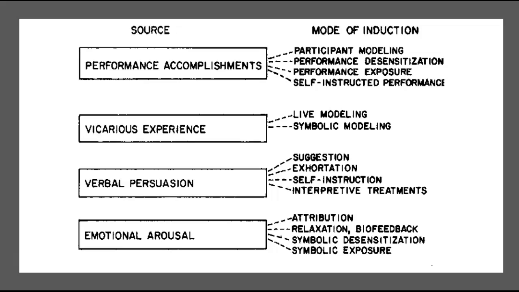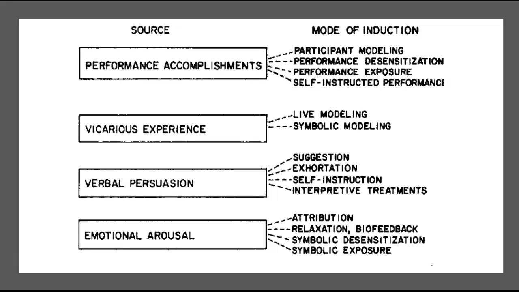On the vicarious side, if you're watching actual live people or you're imagining models, those can be experiences that help you see yourself performing the behavior, and that can improve our efficacy. Persuasion can involve suggestion, really motivational talk. You can also persuade yourself verbally by giving yourself instructions, and your internal voice, your internal coach, pushing you.